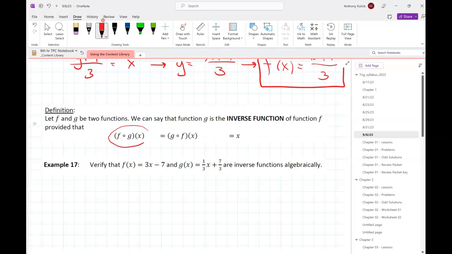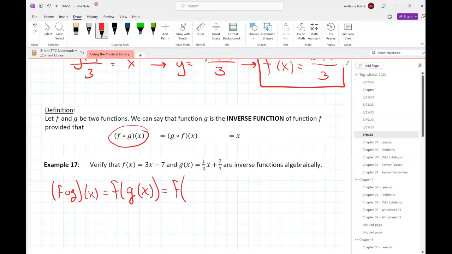So I have to check 2 things. I have to check f compose g. And I remember that my definition of composition just tells me f compose g is f of g of x.